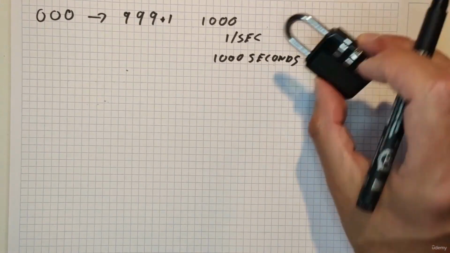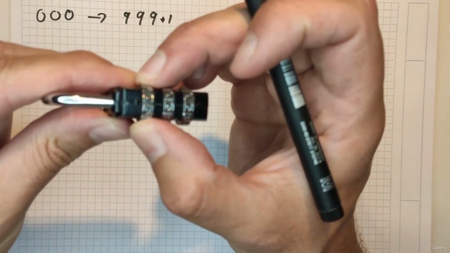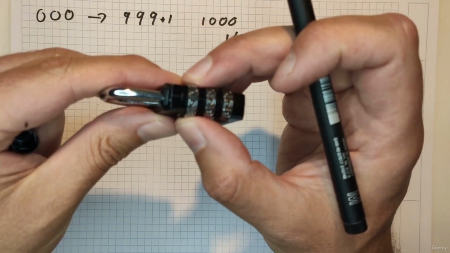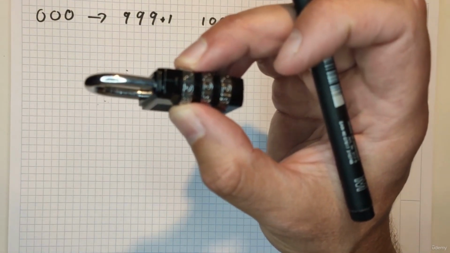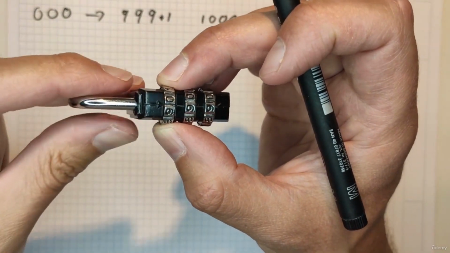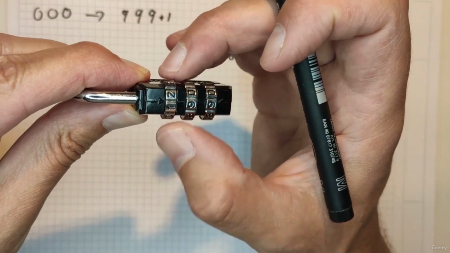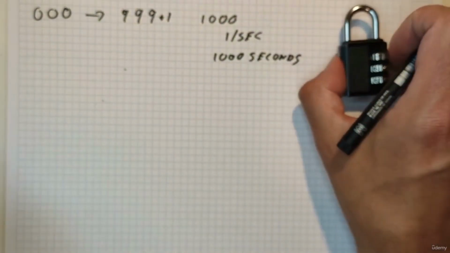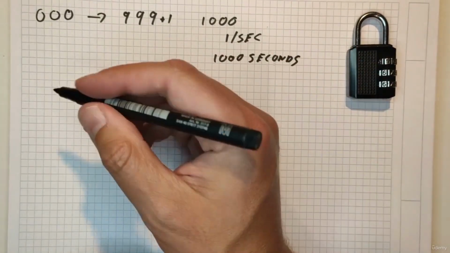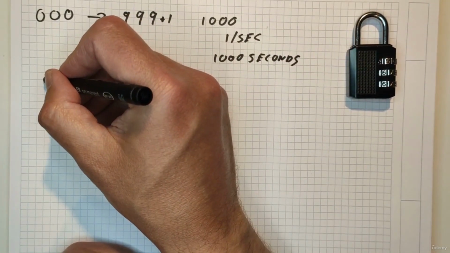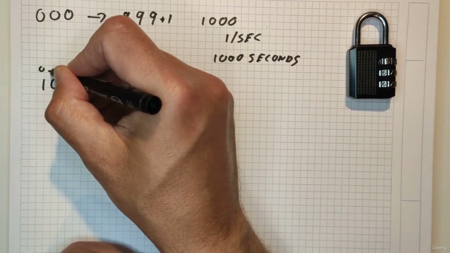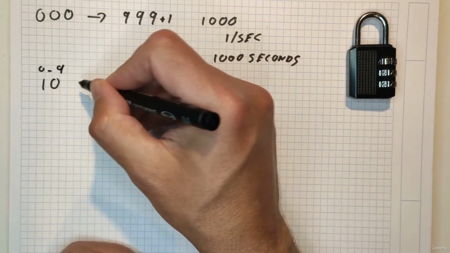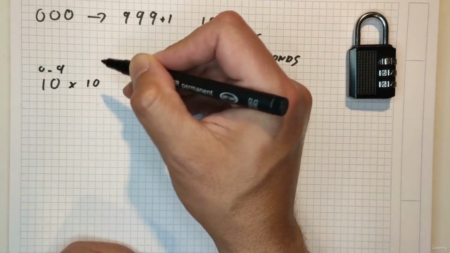There's another way we can calculate this. If you see over here, let me just focus on the padlock. As you can see over here, this dial has from 0 to 9 combinations, right? All the numbers from 0 to 9. So in order to calculate all the combinations, we just need to do 10, which is the 0 to 9 combinations, times another 10, times another 10.